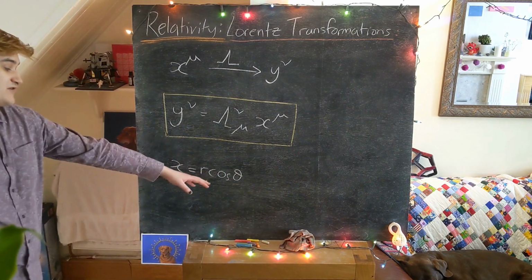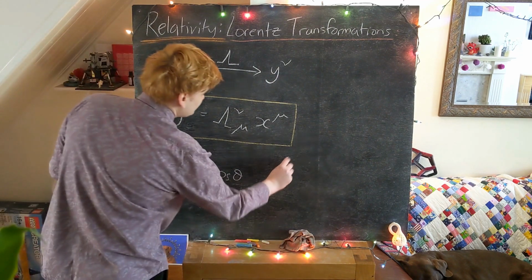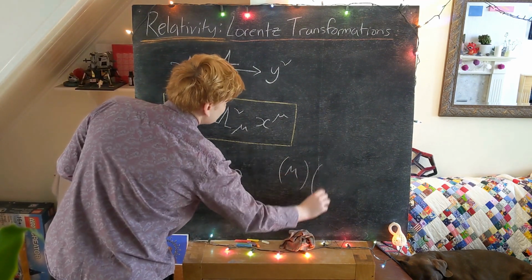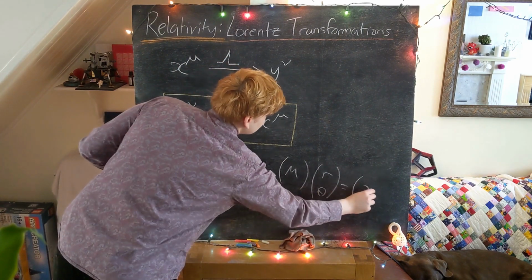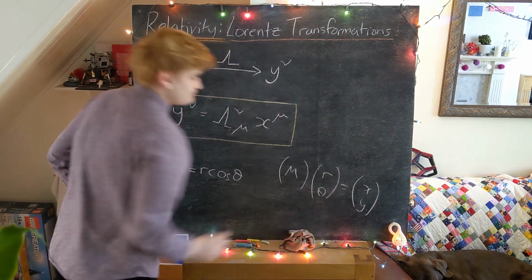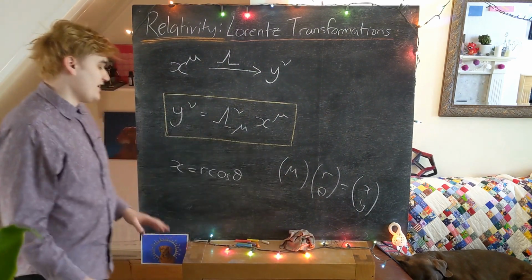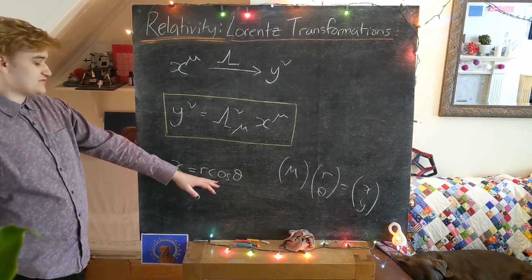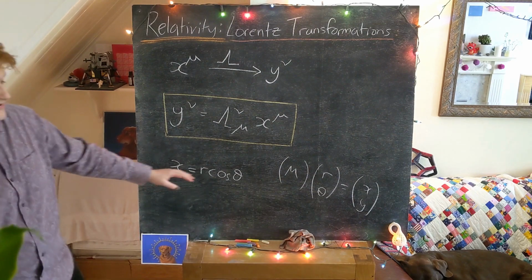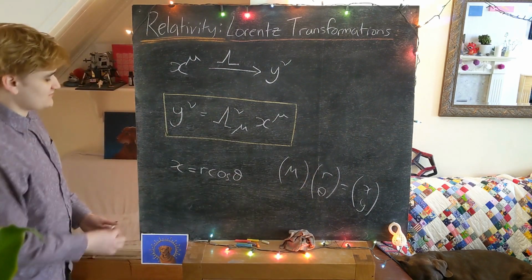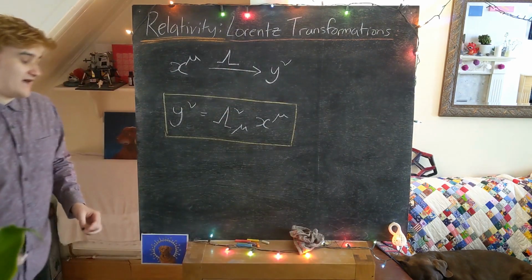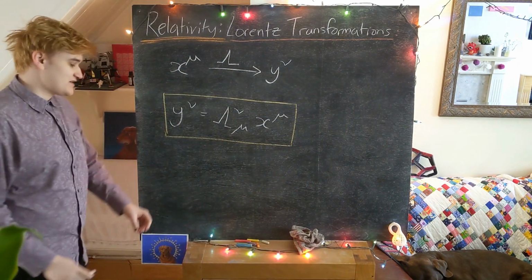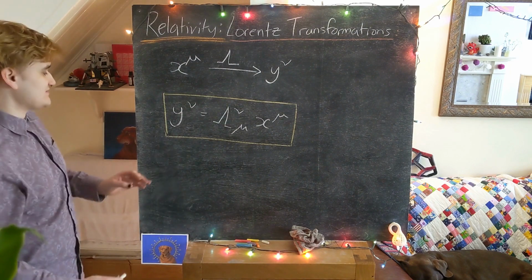There's no way we can express this as some kind of matrix times the coordinates to give us our new coordinates. There's just no way that you can linearly produce something like this. This would be an example of a non-linear coordinate transformation. So that's not what we're doing. And in fact, starting to consider non-linear transformations is already going to take us into general relativity.